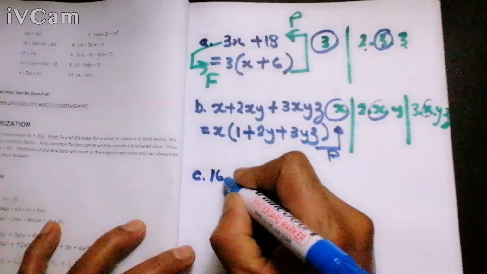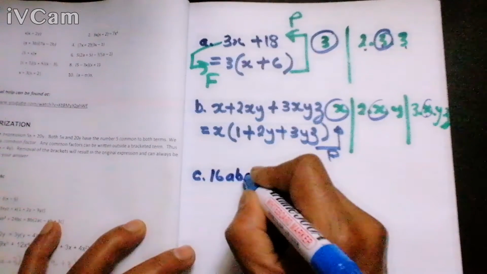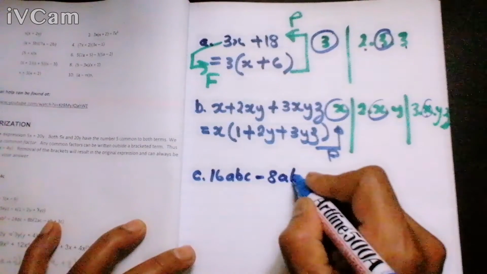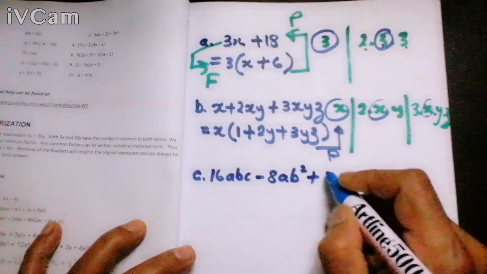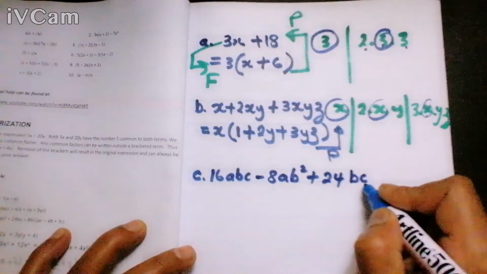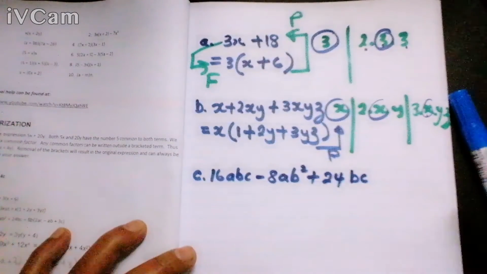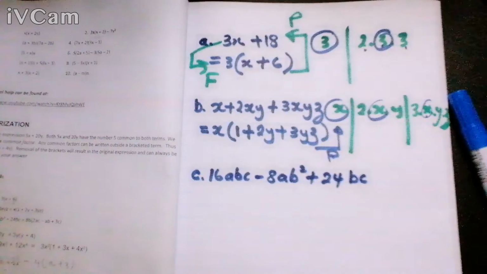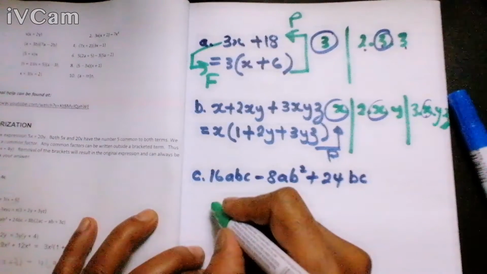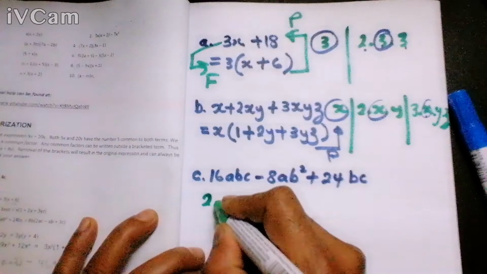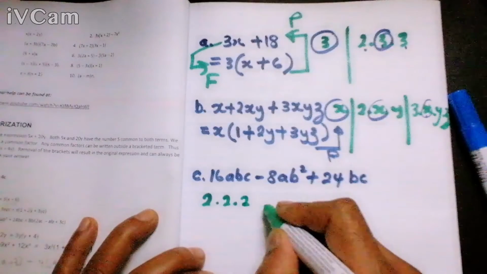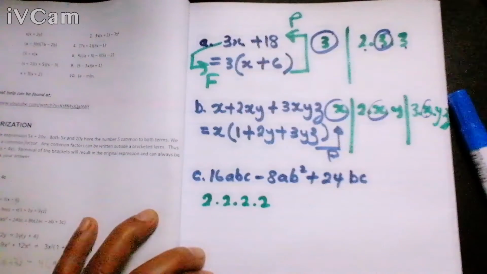16, this is C now. Okay, let me write on the bottom here now. 16 can be written as 2 times 2, which is 4, times 2, which is 8, times 2, which is 16.